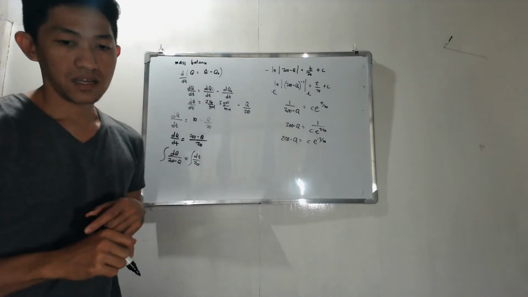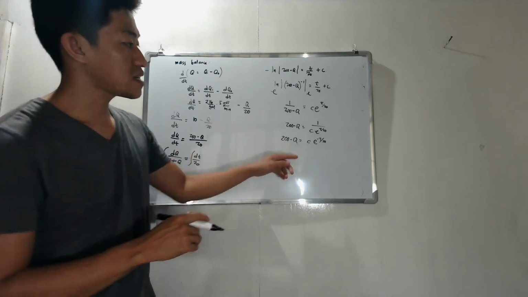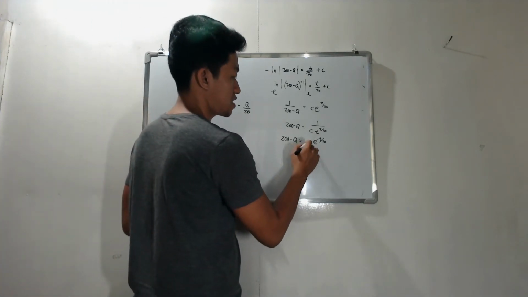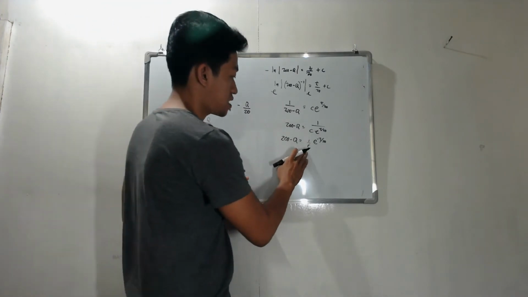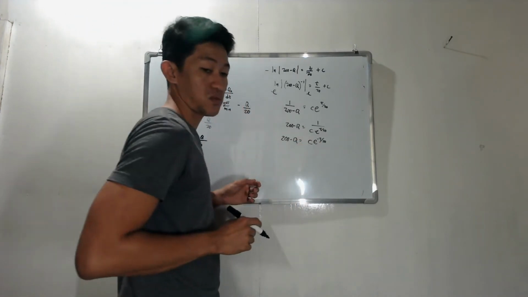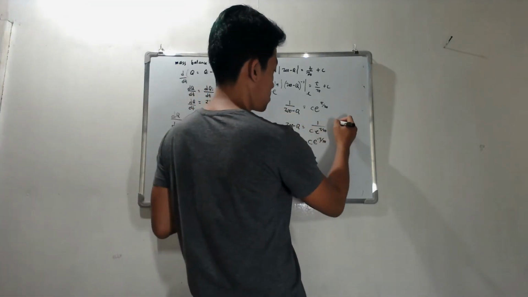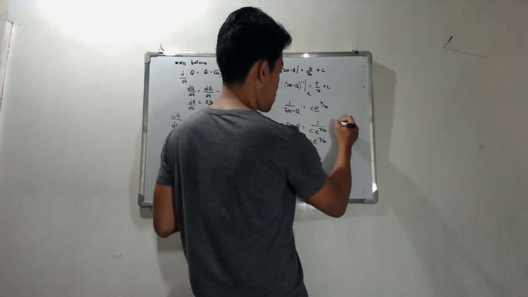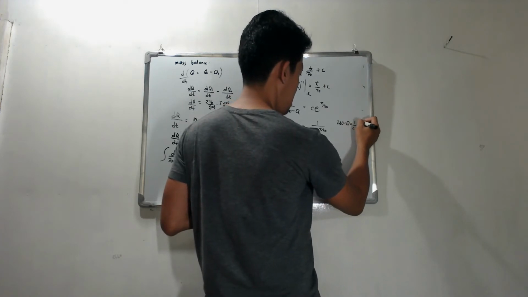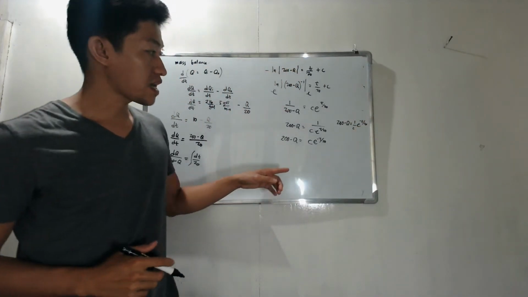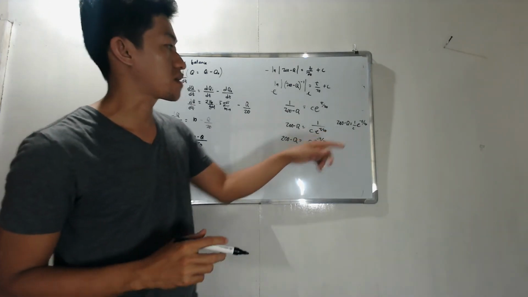Actually this is 1 over c, right? But 1 over a constant is just a constant. We will try to solve using this one later on, to see if you get the same answer whether you use this one or this one.